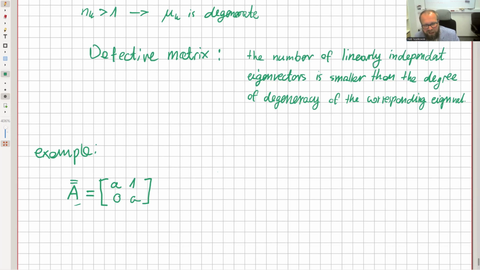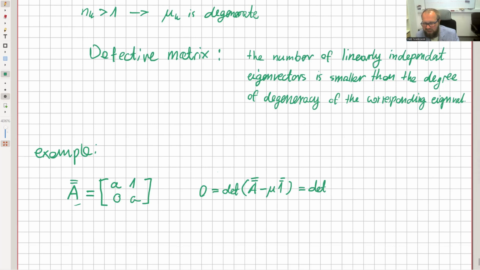To find the eigenvalues, we have to solve the characteristic polynomial. So we take the determinant of A minus mu times the identity matrix, which has ones on the diagonal and 0 everywhere else.